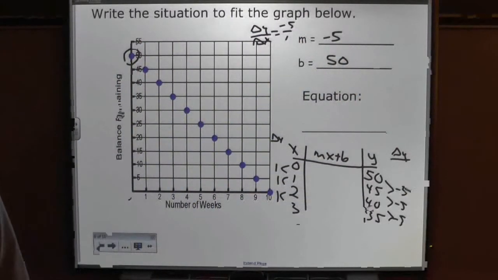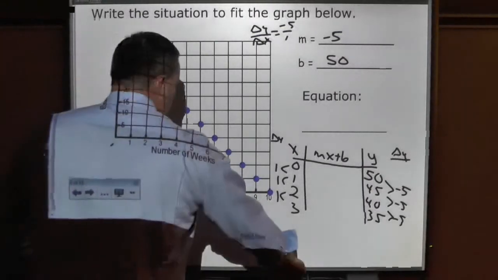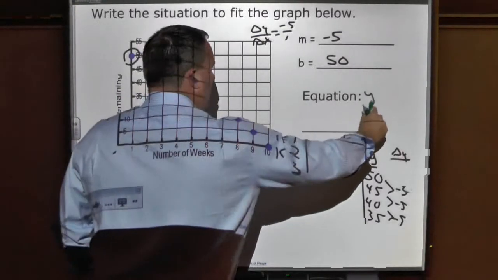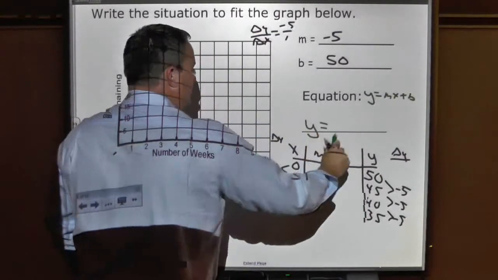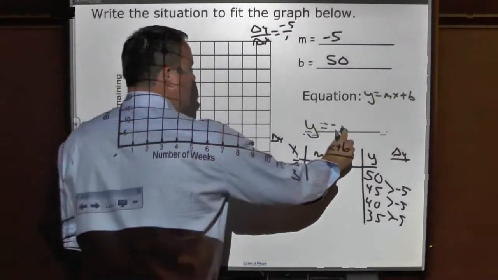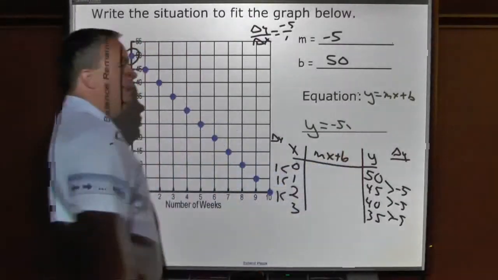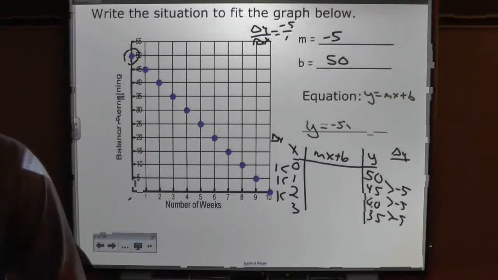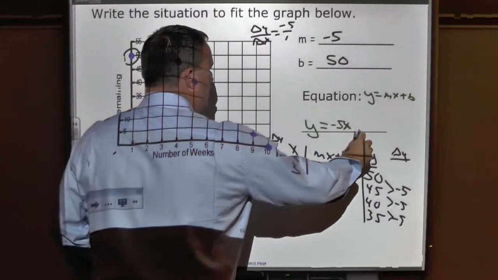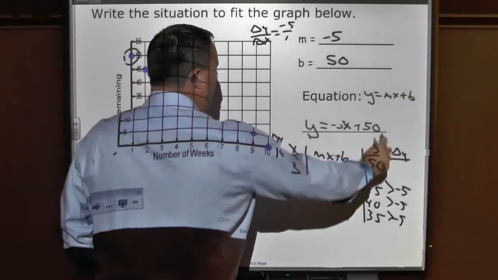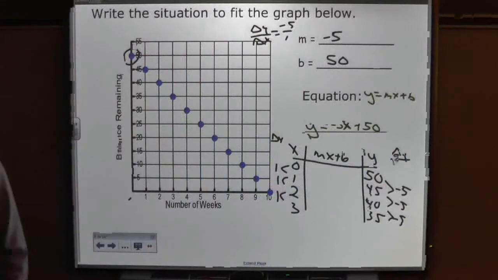So if we have to write the equation of this line, again, y equals mx plus b. Y is equal to m, which is your rate of change, -5, that is your coefficient, all right, times x plus your initial value, your constant, 50. All right.